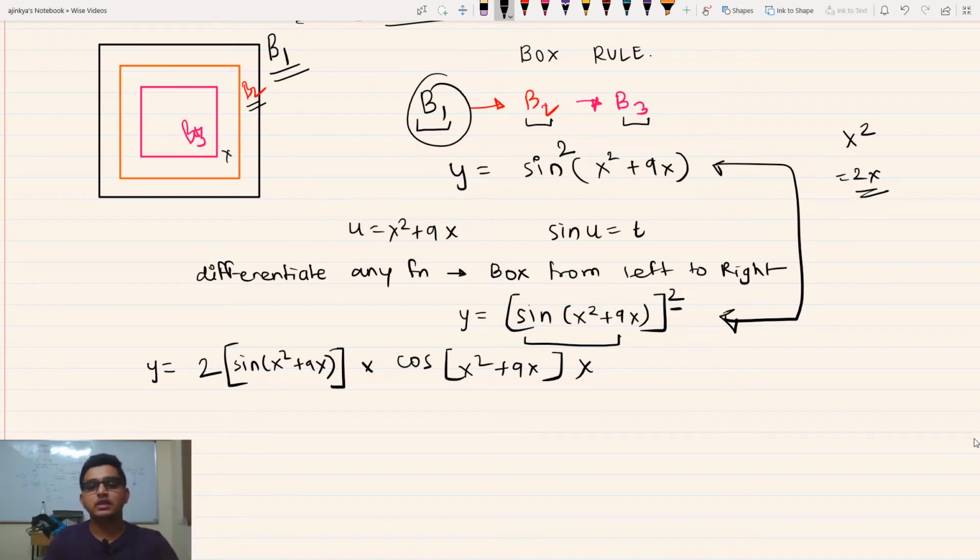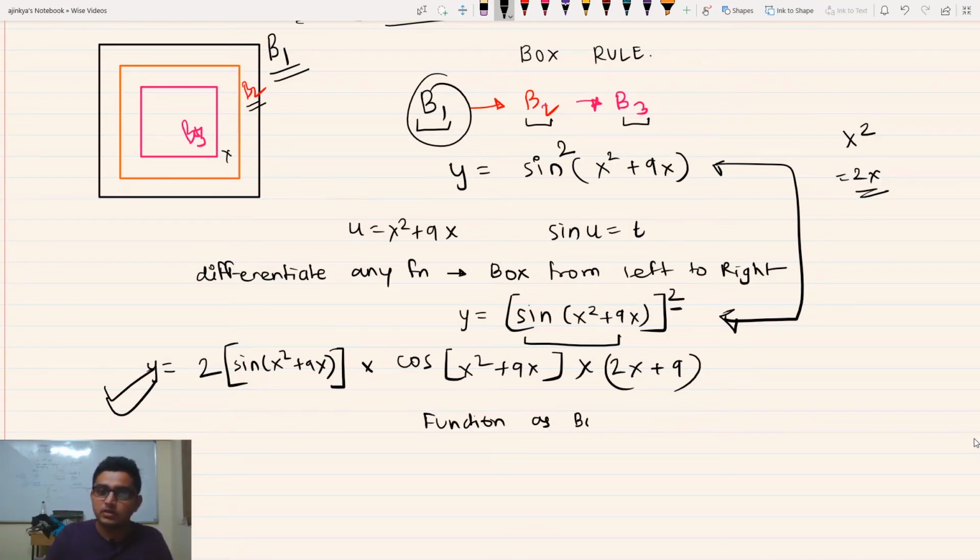So what I mean by this is the differentiation of x square plus 9x will be 2x plus 9. So see, in one step we have the answer for this whole example without any substitution. And how have we done it? We have just taken everything, like any function, as boxes.